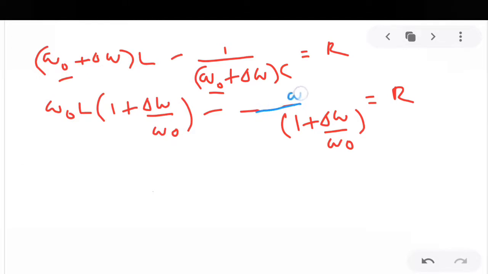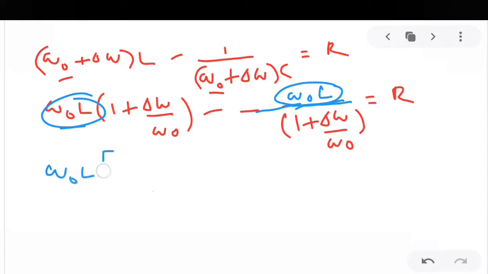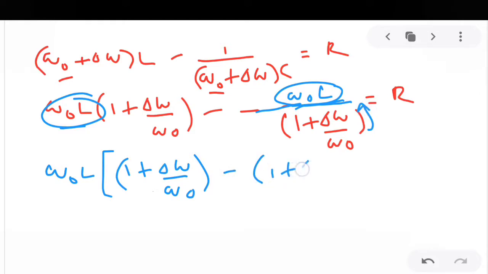So this is omega naught L. So we can take this omega naught L common. So this is omega naught L into 1 plus delta omega by omega naught, and we take this to the numerator, so this is minus 1 plus delta omega by omega naught raised to power minus 1.